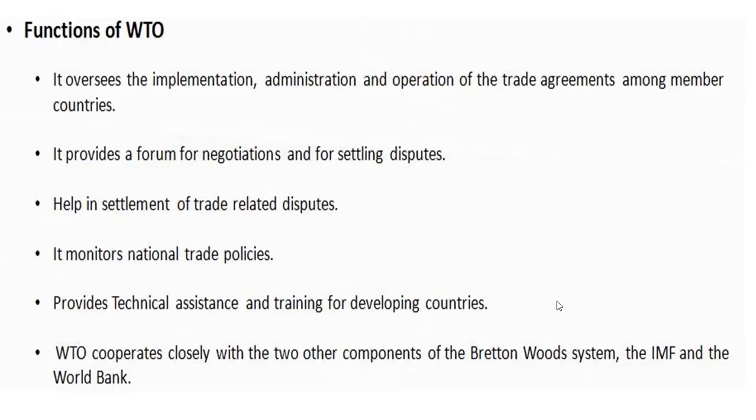Now, some functions, it oversees implementation, administration, and operation of trade agreements. So it deals with trade agreements among member nations, how to improve those trade agreements, how to reduce the barriers between the trade. It provides a forum for negotiations and for settling disputes.